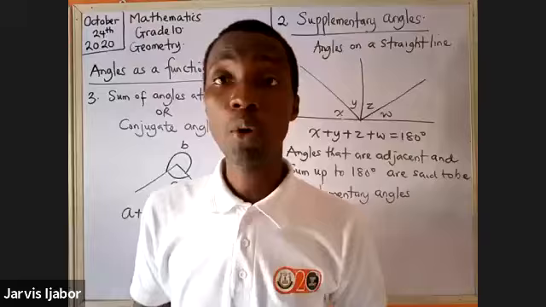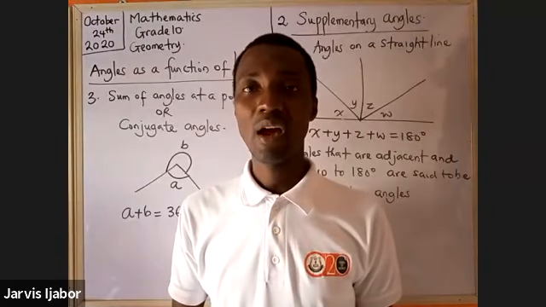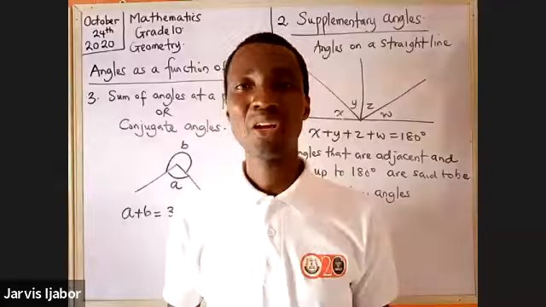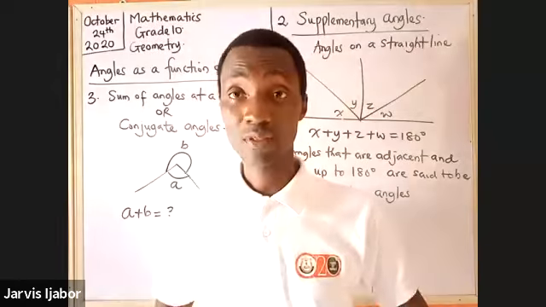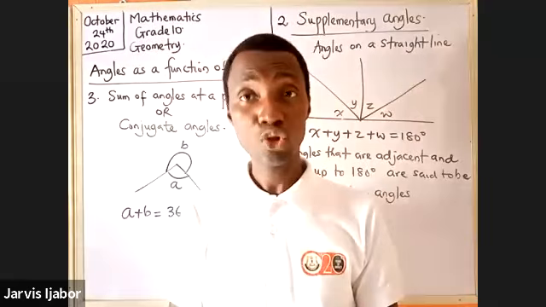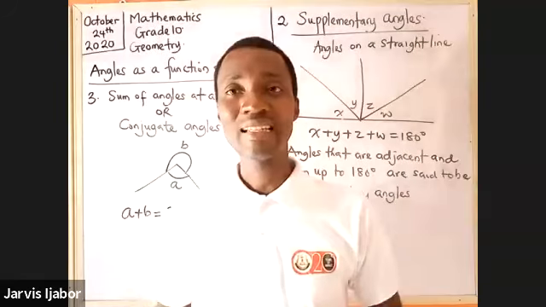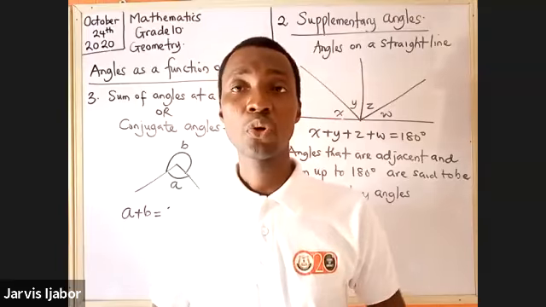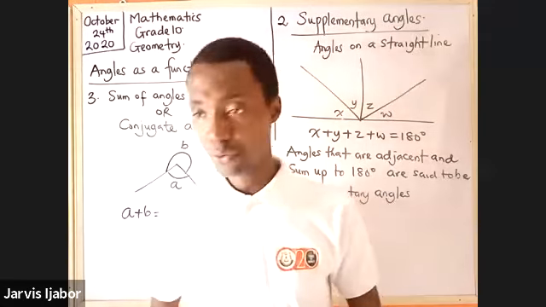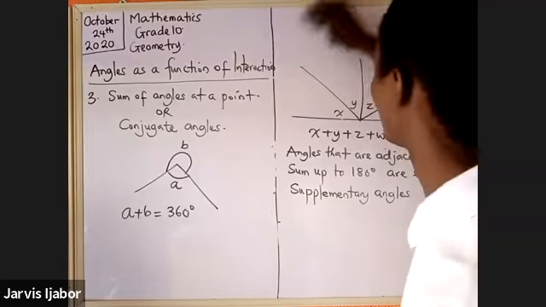Two or more angles that sum up to 360 degrees are what is called conjugate angles. I don't know if you heard this before, but know that a term like that exists. Angles that sum up to 360 degrees are treated as conjugate angles, right?